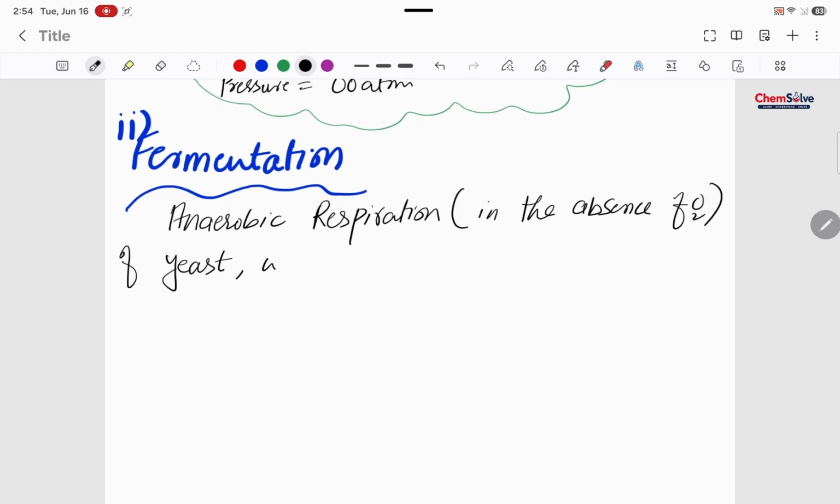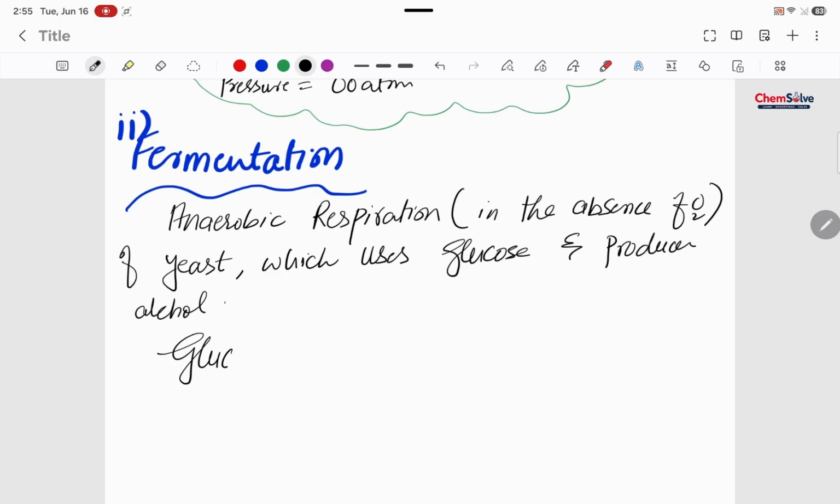yeast, which uses glucose and produces alcohol. Okay, so how does it work? We take glucose and it is changed into ethanol plus carbon dioxide.